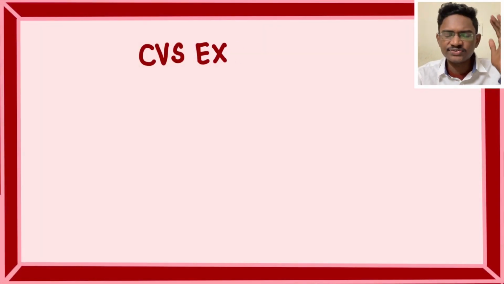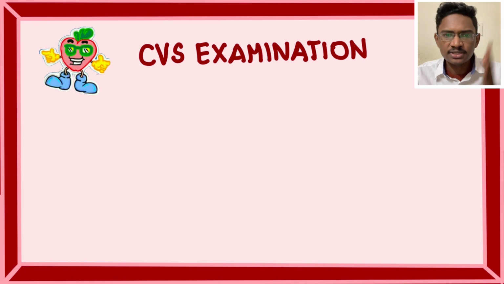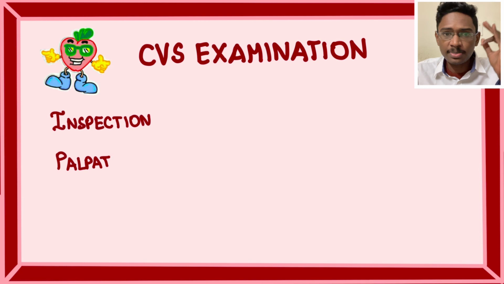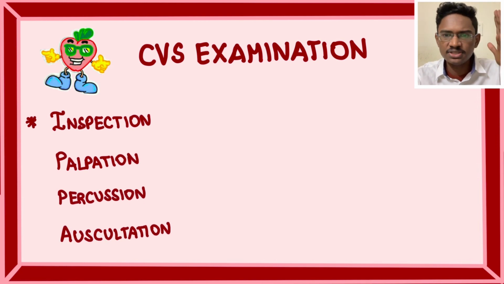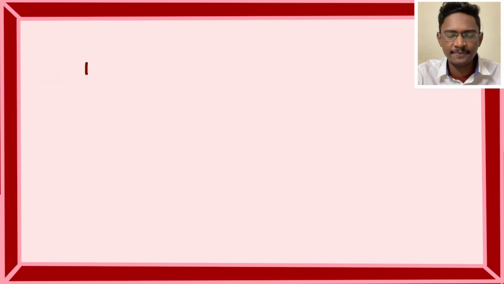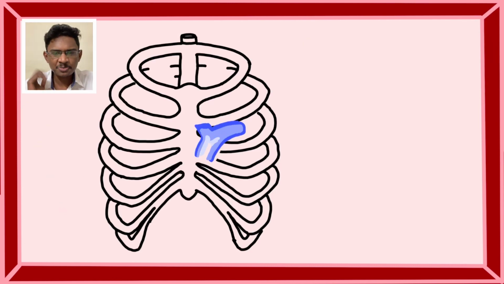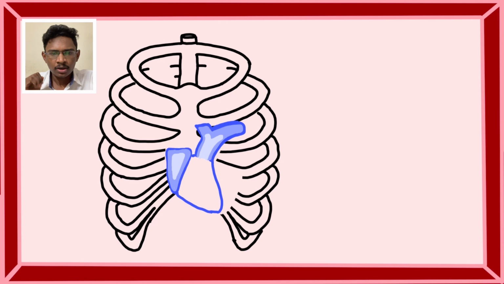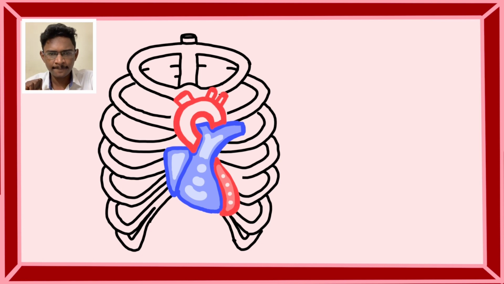So now let's focus only on the cardiovascular examination. Okay, starting from the inspection, palpation, percussion and auscultation. So all these three will be focusing in detail. In inspection of the cardiovascular system, the 10 basic points which you should look for is the shape of the chest.